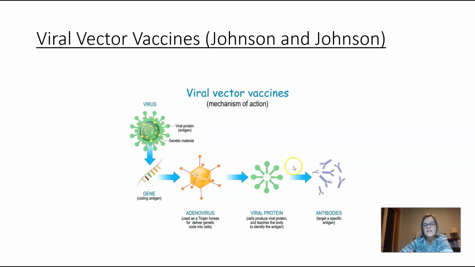They stimulate your immune system to make antibodies and memory cells. So it's a little bit different mechanism, but again, it seems to be working pretty well. It has some advantages as far as stability, and this is one of the vaccines some of you probably already got.